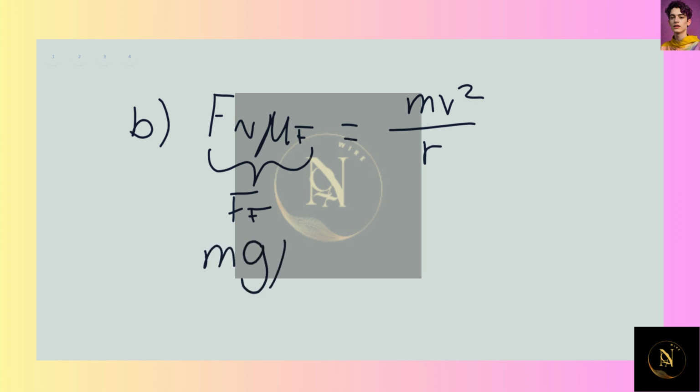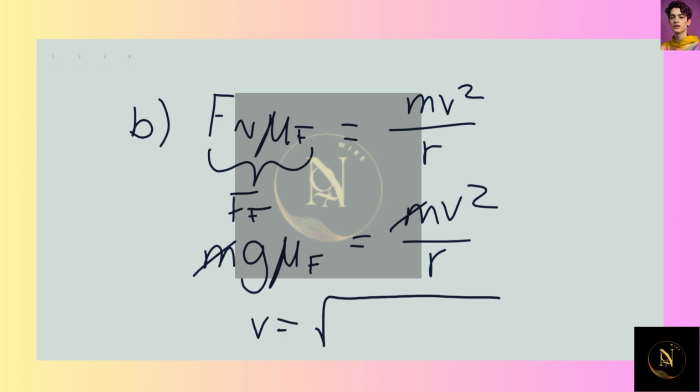So this just ends up being mg times the coefficient of friction equals mv squared over r. We cancel out our m's. We get that v, the max velocity that we're trying to find, is equal to the square root of g times our coefficient times r.